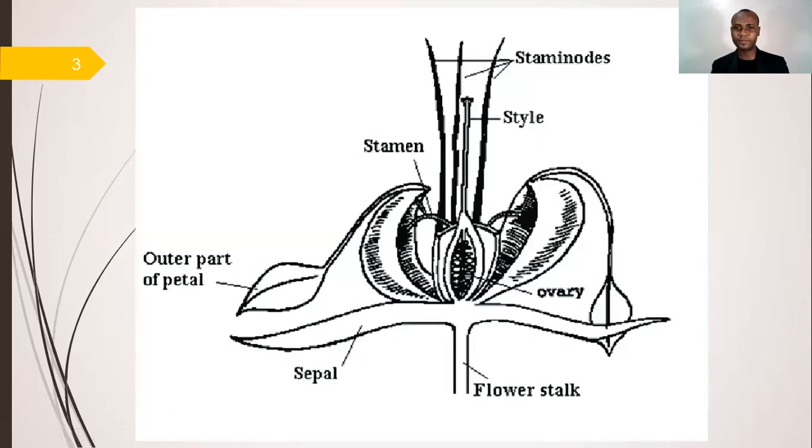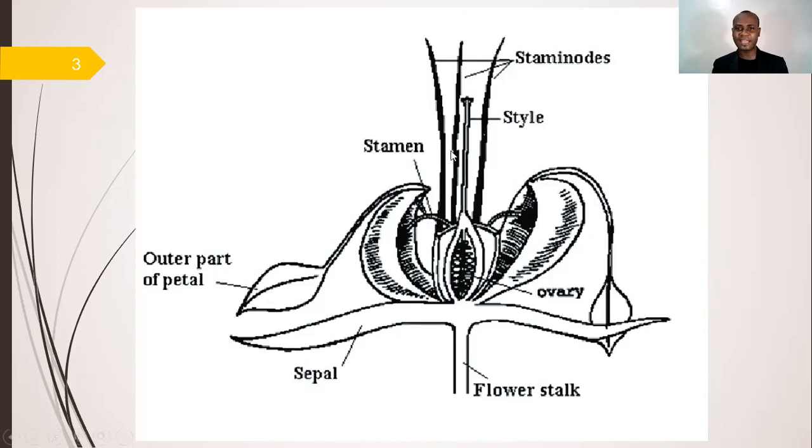Okay, so up here we have staminals. And the staminals usually are the protective structure for the style, the style here. So later on we'll talk about the types of flowers, and you'll get to understand the nature of it.